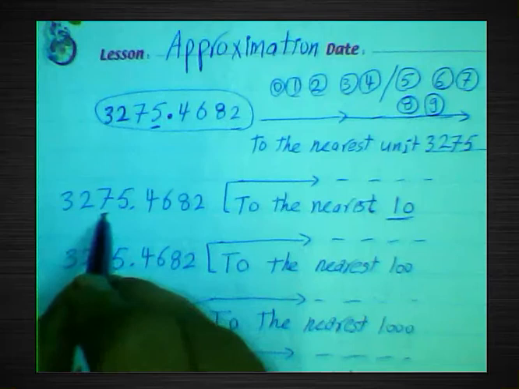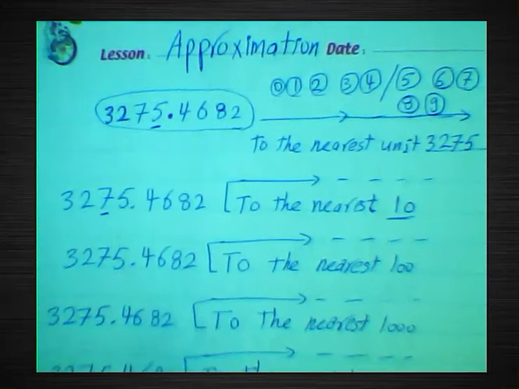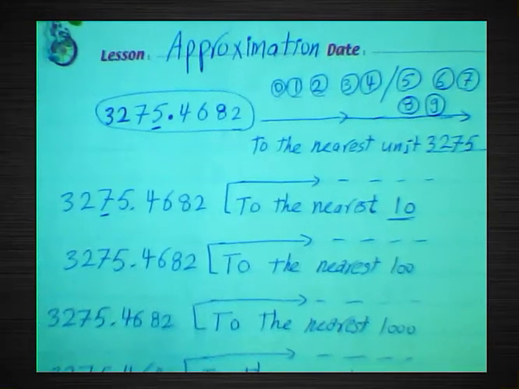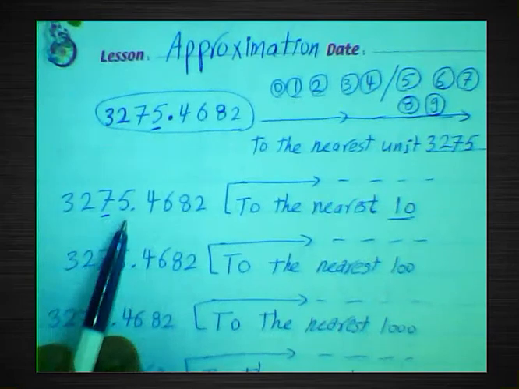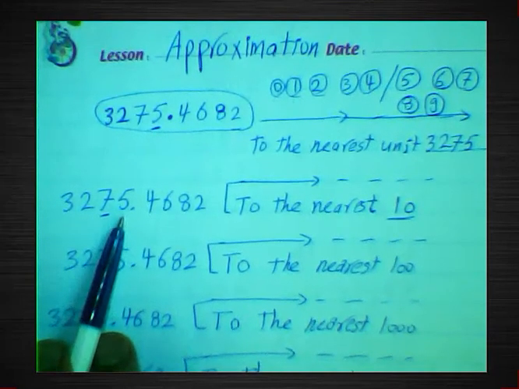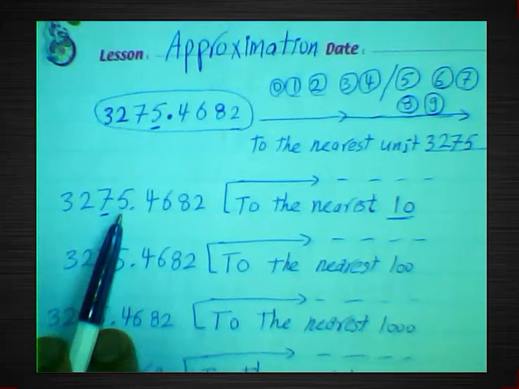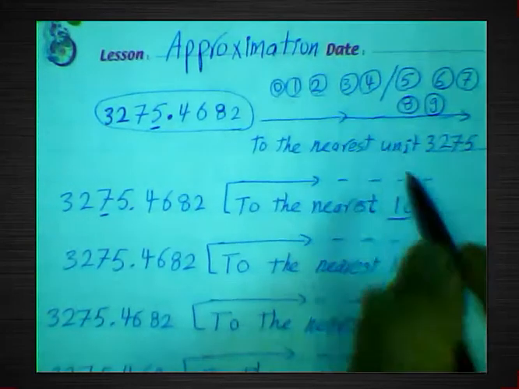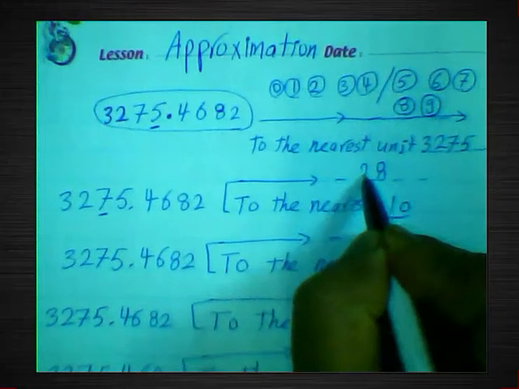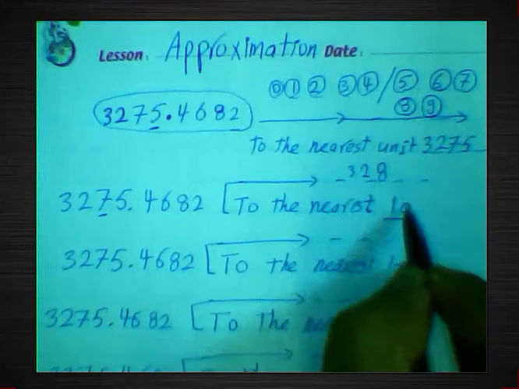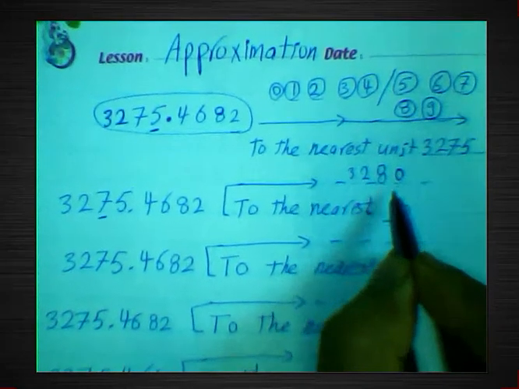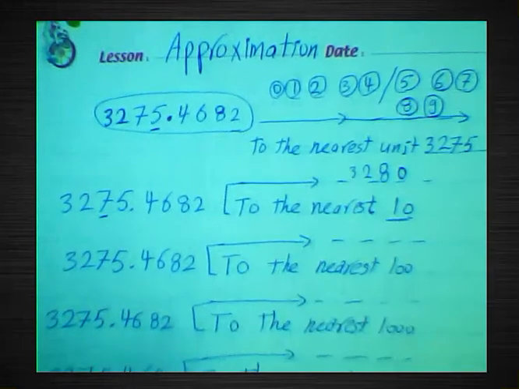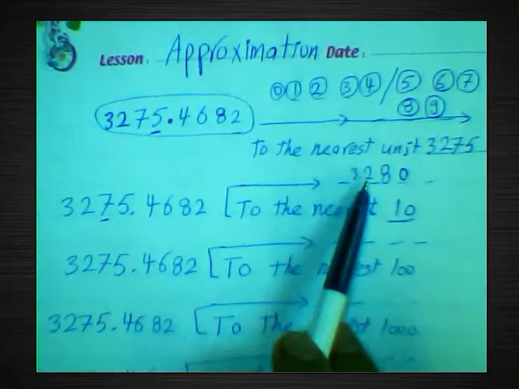This number will be 7, and we must look at the right hand side. Right hand side is 5. 5 is a rich number, it can give 1 to the 7. The 7 will be 8, and write 2 and 3, and we will put 0 here behind 8. The result will be 3280.